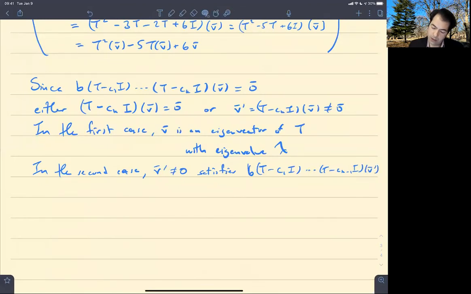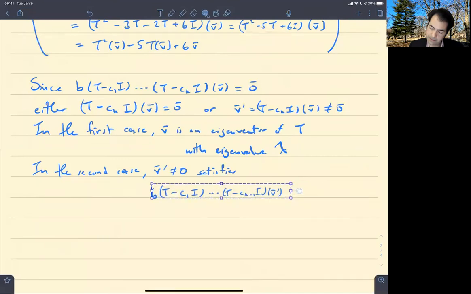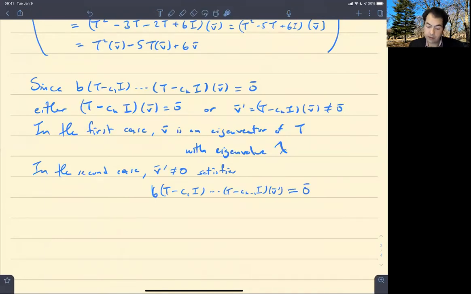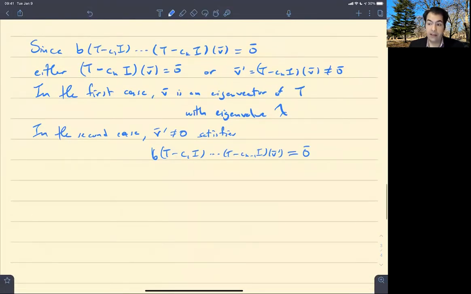So either this last term gives us an eigenvector and eigenvalue, or it doesn't. But if it doesn't, then I have something very similar to what I started with, except that I now have k minus 1 factors instead of k factors.